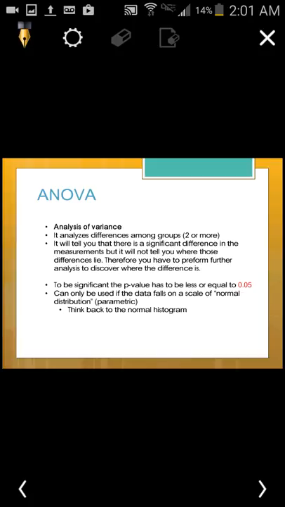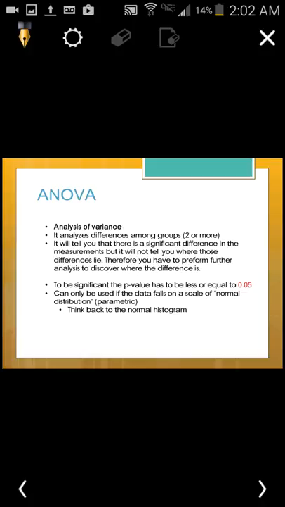ANOVA, analysis of variance, analyzes differences among groups, two or more groups. It will tell you that there is a significant difference in the measurements, but it will not tell you where those differences lie. Therefore, you have to perform further analysis to discover where the difference is.